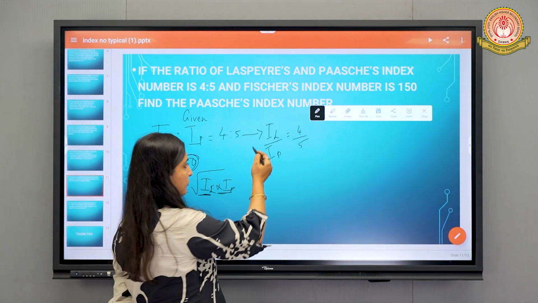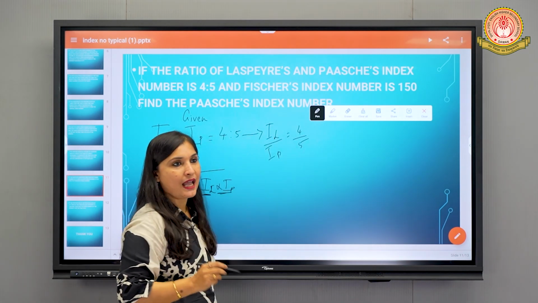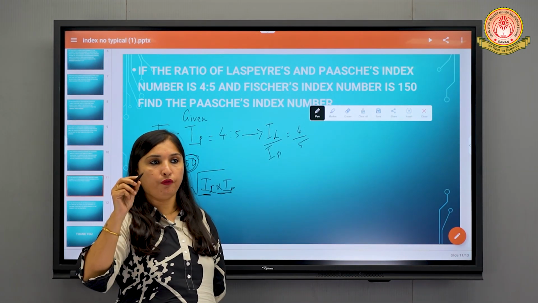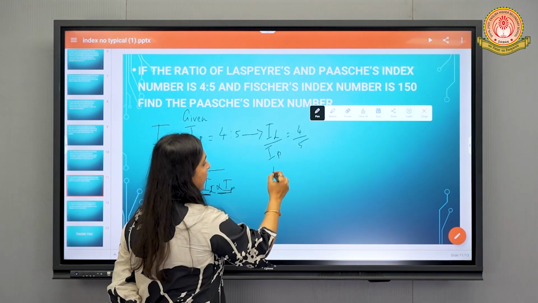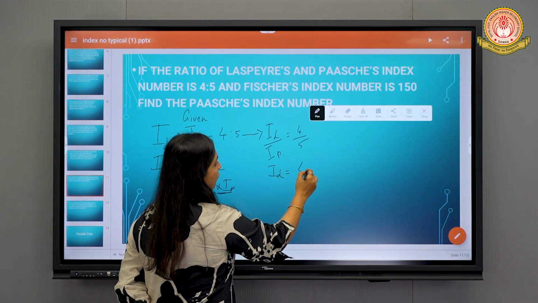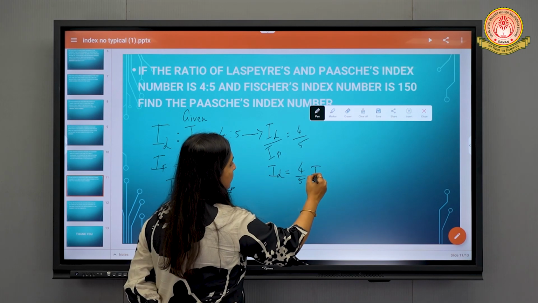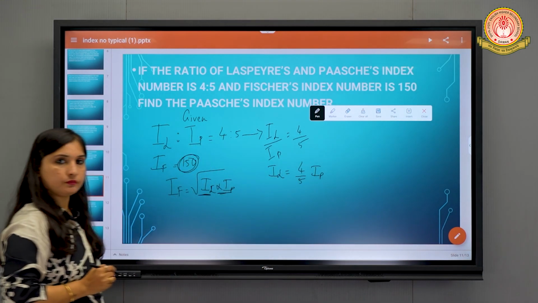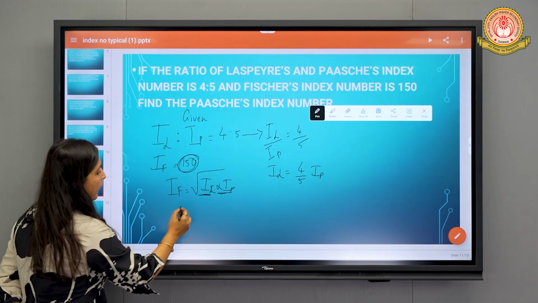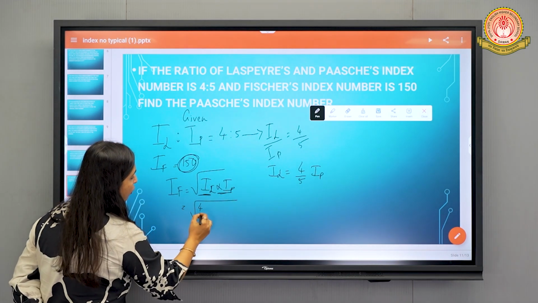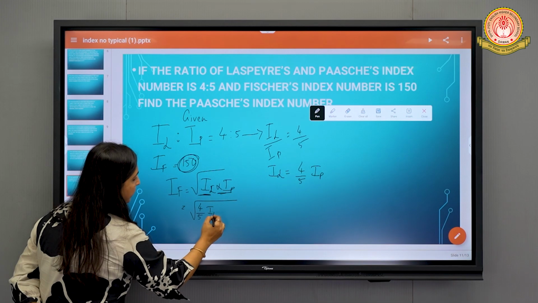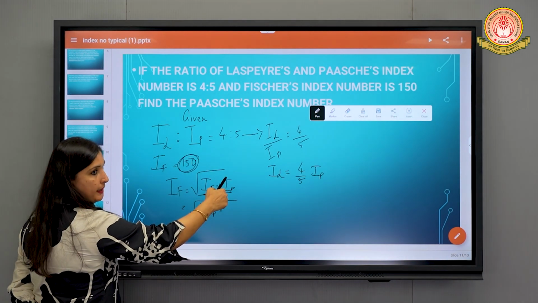Okay, fine. So this form can also be written as IL by IP is equal to 4 by 5. Now, if I transfer this IP over here, then IL will be 4 by 5 IP. In this formula, IL is 4 by 5 IP into one more IP that is there over here.